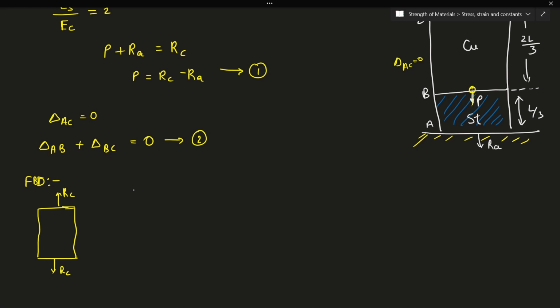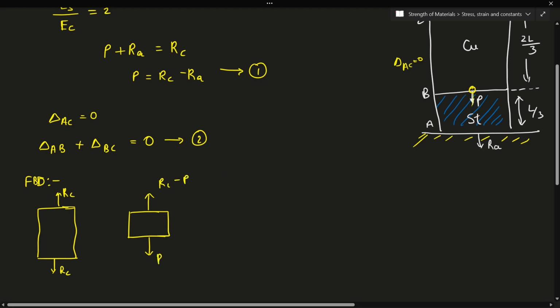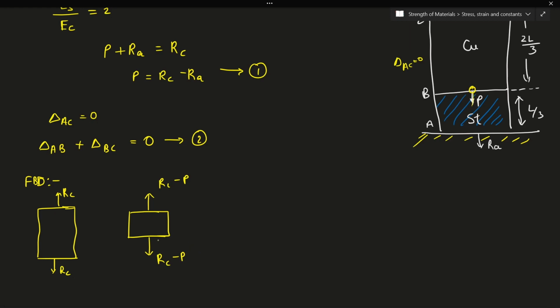Now the free body diagram for the steel. Here again we'll have a tensile force. What is the tensile force? Which is nothing but RC minus P, which is nothing but RA actually, right? So this is copper and this is for steel.